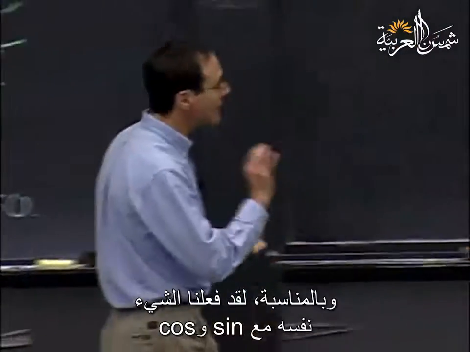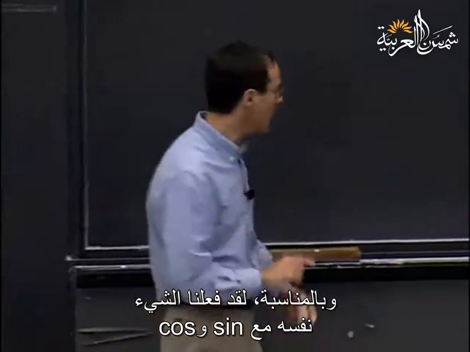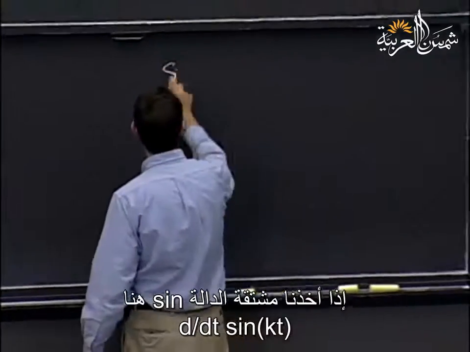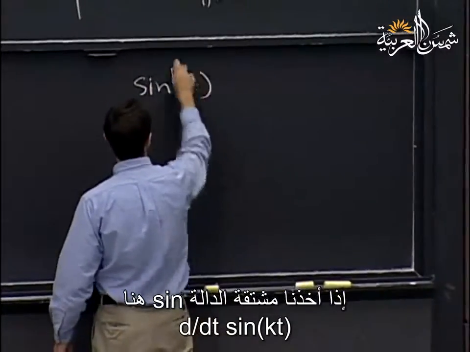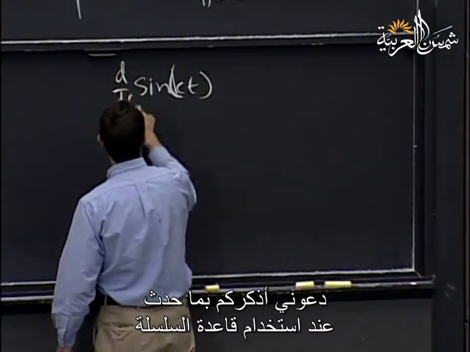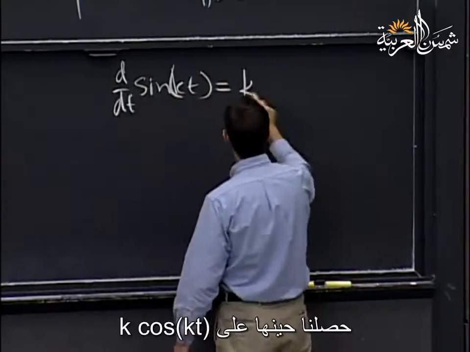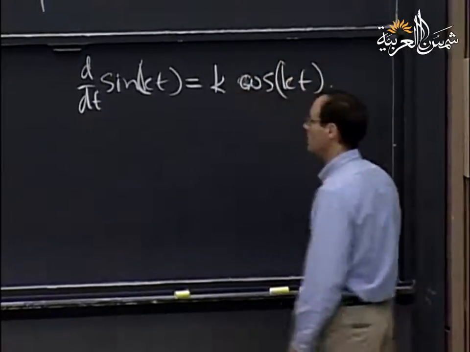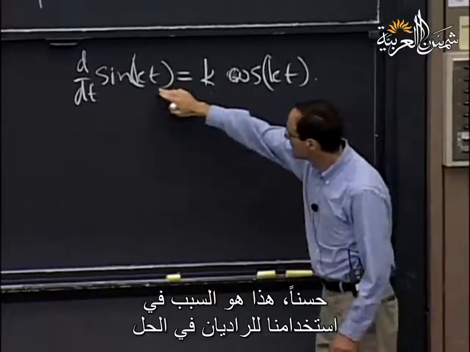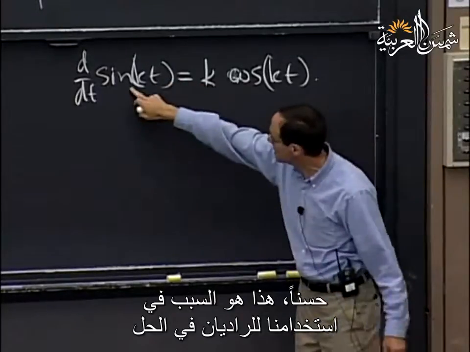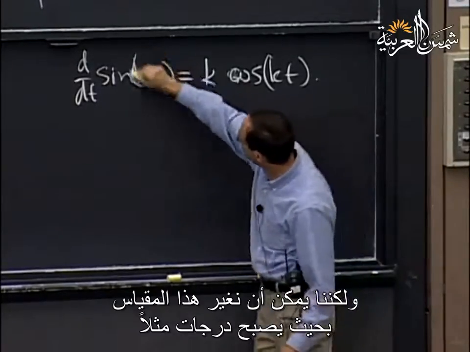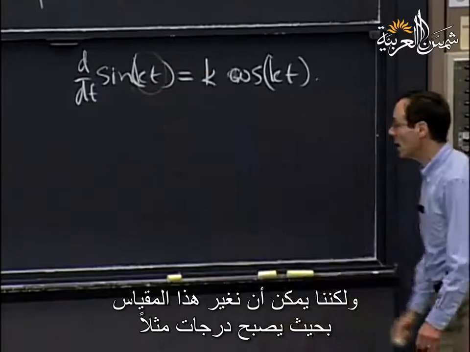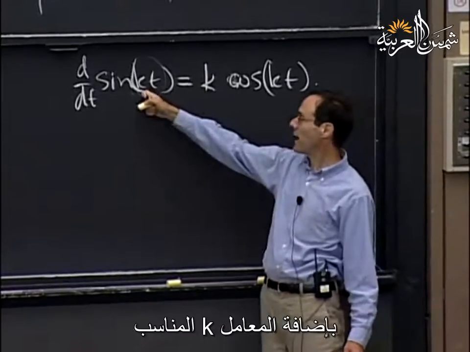By the way, we did exactly the same thing with the sine and cosine function. If you think of the sine function here, let me just remind you what happens with the chain rule. You get k times cosine kt here. So the fact that we set things up beautifully with radians is what makes this thing work. But we could change the scale to anything, such as degrees, by the appropriate factor k.